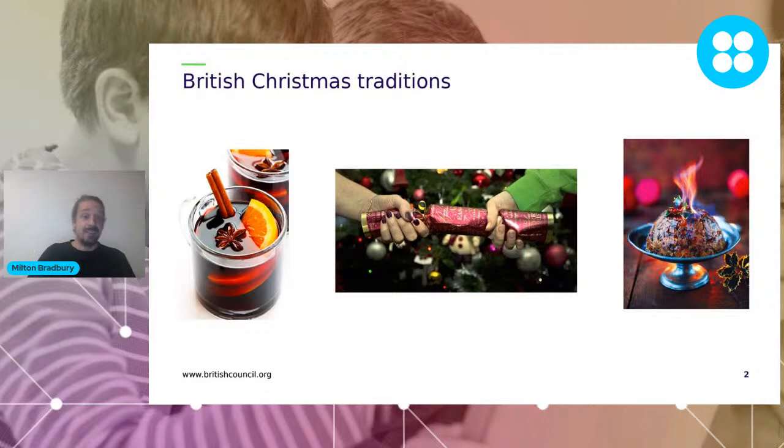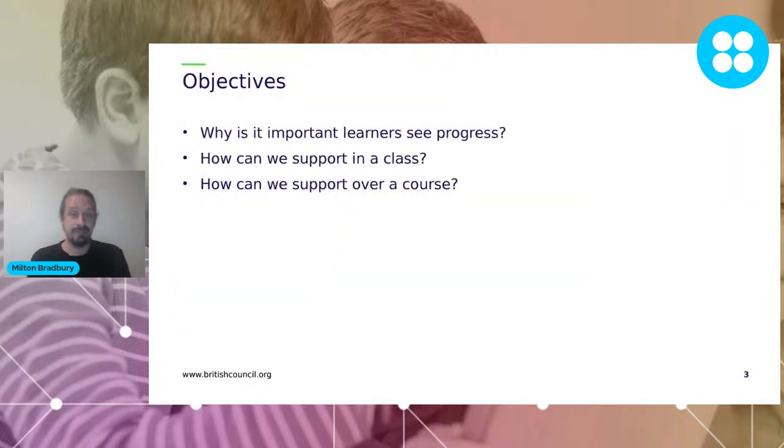Let's begin. Carlos, can you go to the next slide, please? So the objectives of today, hopefully we can answer these 3 questions. The first question is, why is it important learners see progress? Why should we be focused on this as teachers? Why should we care, basically?